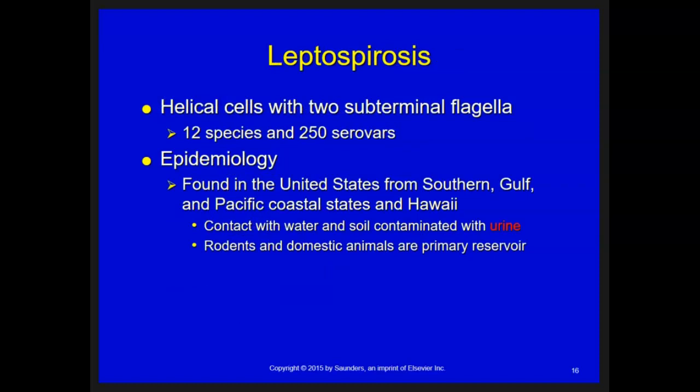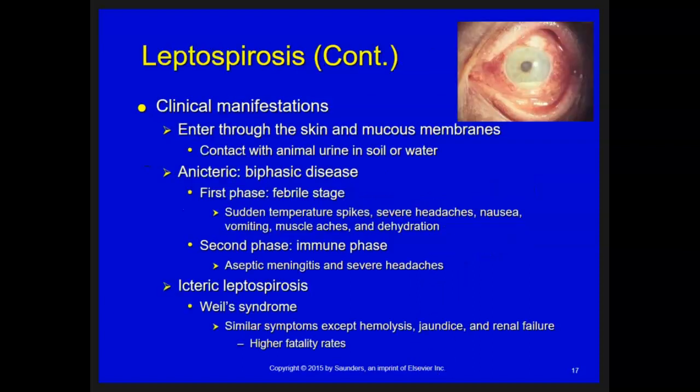Leptospirosis, you talked about this with your teacher in parasitology. You get this with contact with contaminated soil or urine. Rodents are the primary reservoir. It can get in your eye. It enters through the skin or mucous membranes.